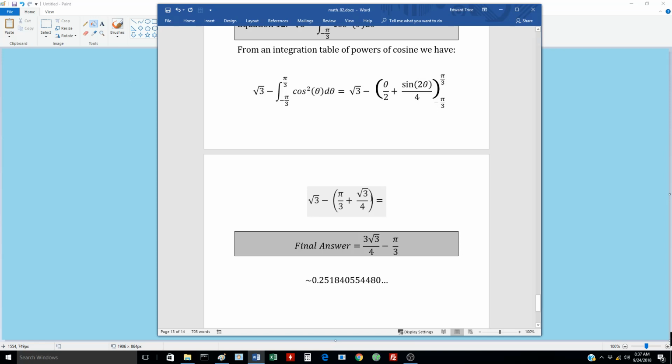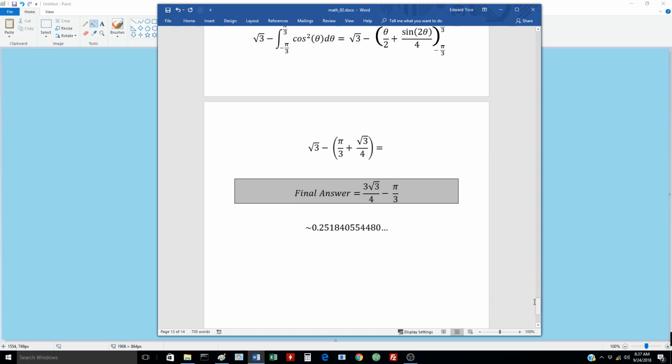And this is just 1 times the square root of 3 over 4. 4 minus 1 is 3 times the square root of 3 over 4 minus pi over 3. That's the final answer. It's the square root of 3 times the square root of 3 over 4 minus pi over 3. And for those who are getting dizzy, it's about 1/4. This whole thing is about 0.25. There's the numerical expression down here.